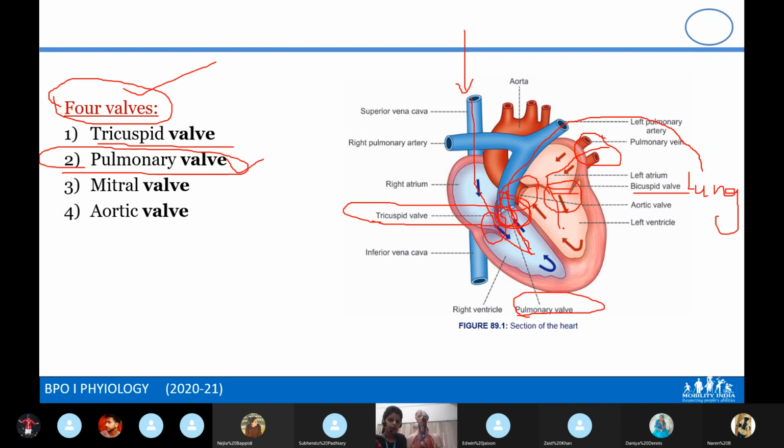So the blood passes to arch of aorta via the valve which is present here, the last valve, that is aortic valve. Okay, the blood goes to arch of aorta, and from here it passes to different parts of the body.